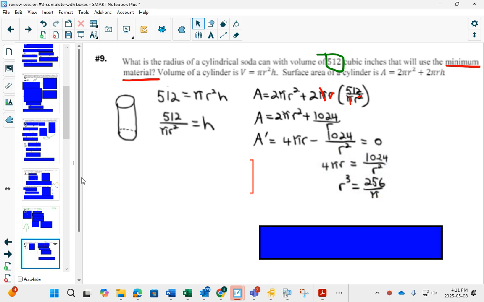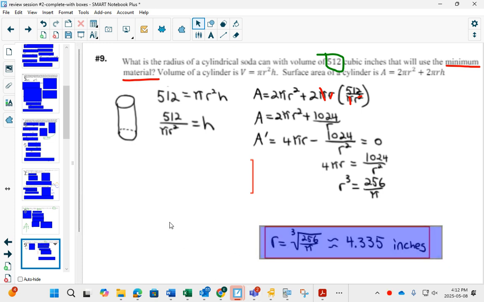Now, if you have that r squared on the bottom, I would move it over, then you can multiply both sides by the r squared to get that variable out of the bottom of your equation. Then you can cube root both sides. Write your answer to 3 decimal places.